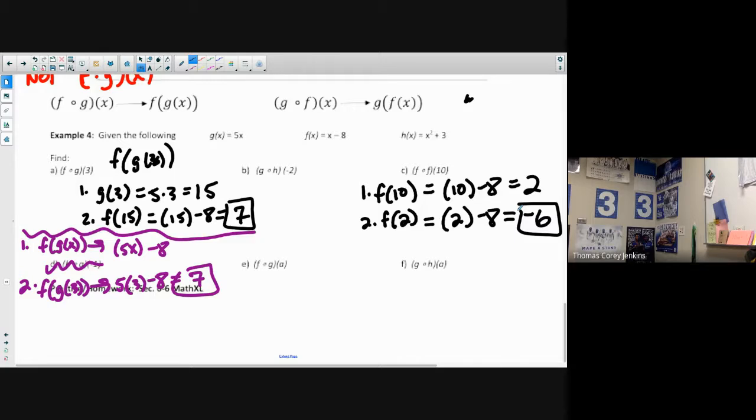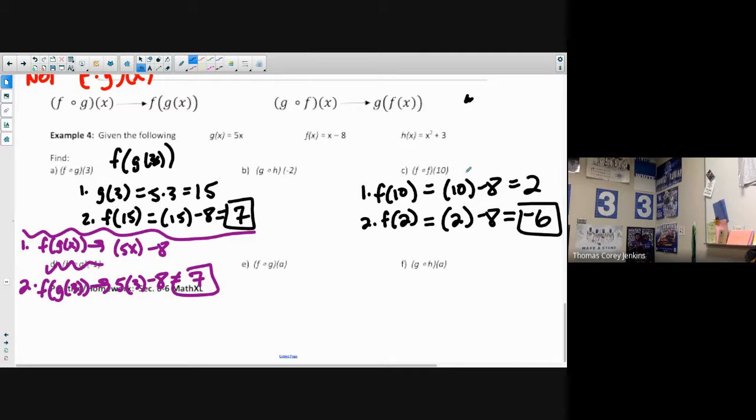The other way you could do it, just to talk you through it, is to find f of f of x. You could just take your x minus 8 rule and sub it in for x. So x minus 8 minus 8 would be x take away 16, right?